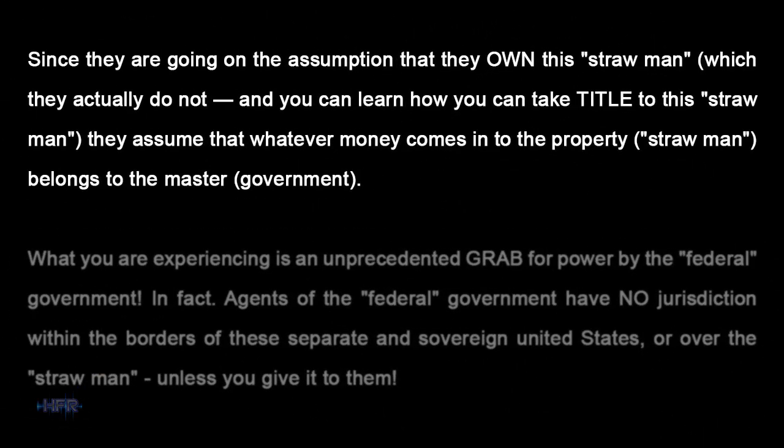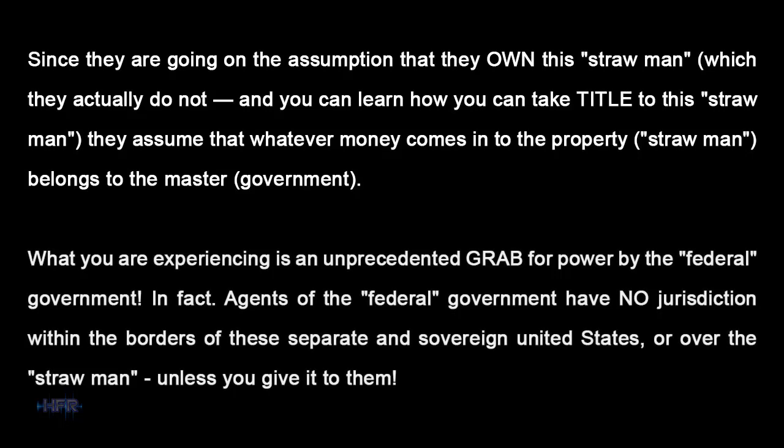Since they are going on the assumption that they own this straw man, which they actually do not, and you can learn how you can take title to this straw man, they assume that whatever money comes into the property, or straw man, belongs to the master, which is the government in this case.